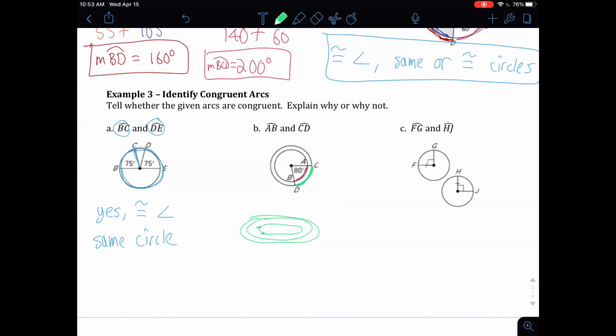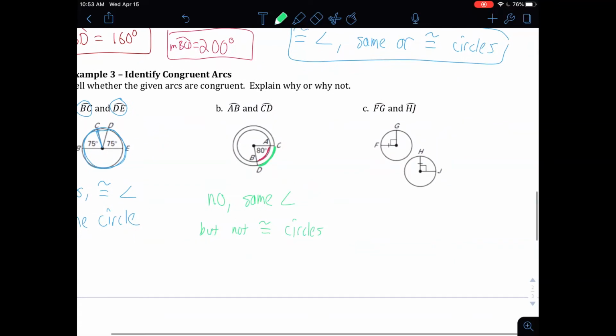So this one's going to be no. It's the same angle, but not congruent circles. CD is going to be longer because it's on the outside of a bigger circle.